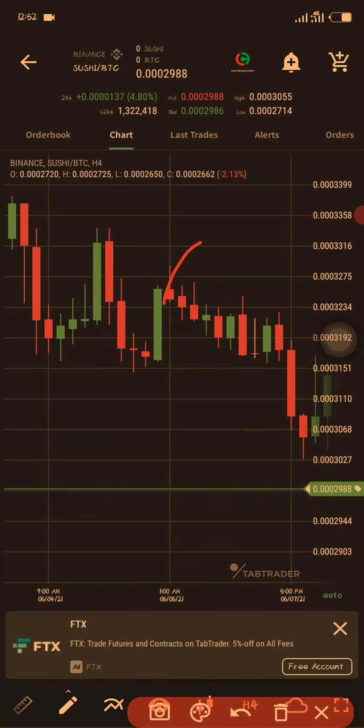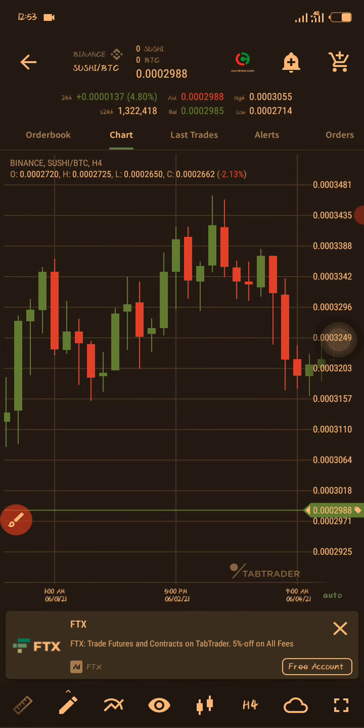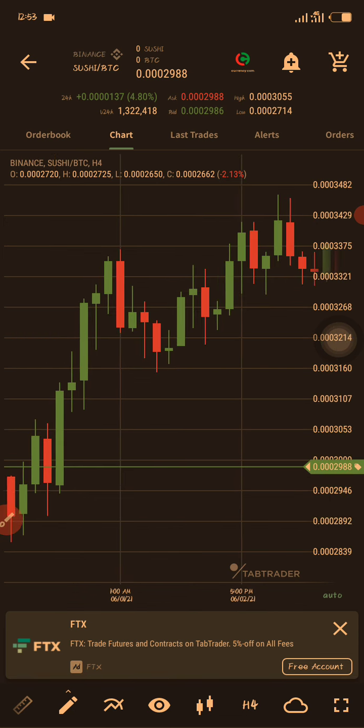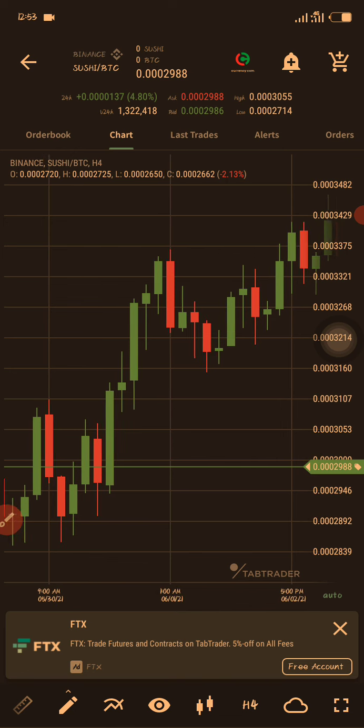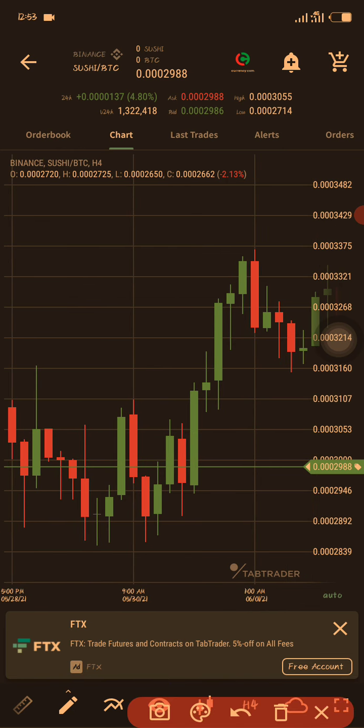Shooting star. Inverted hammer. See, immediately it formed. Look at the outcome. The price went up.